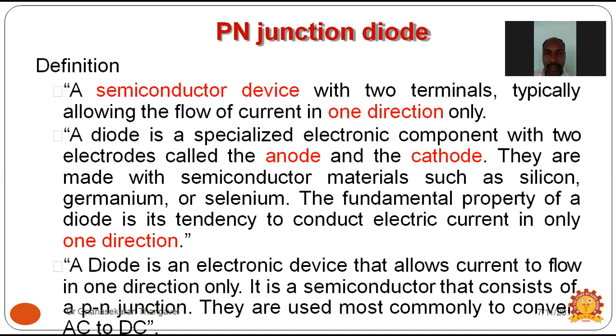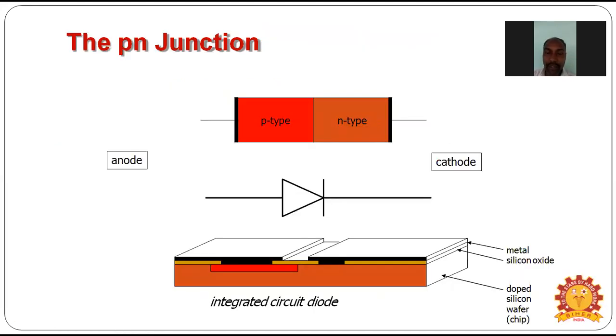A diode is an electronic device that allows the current to flow in one direction only. It is a semiconductor that consists of a PN junction, and is most commonly used to convert AC to DC.